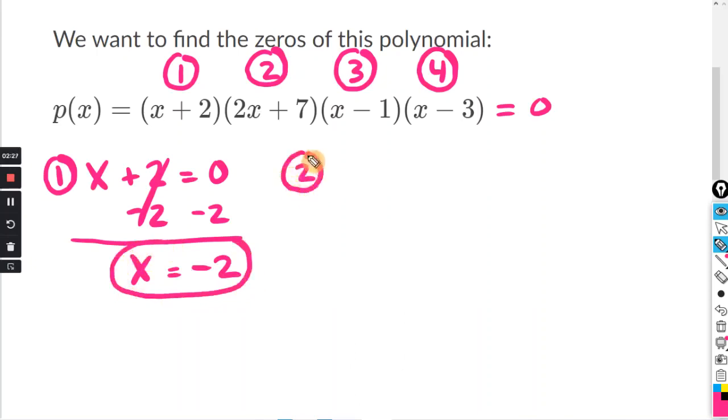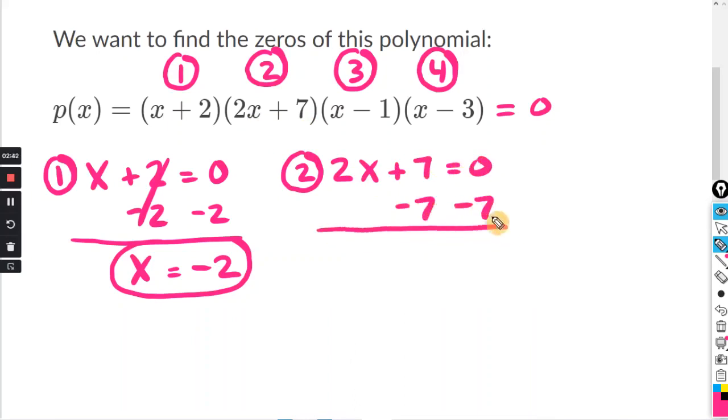For part 2, 2x plus 7 equals 0. Okay, subtracting 7 from both sides. The 7's cancel. Bring down the 2x. 0 minus 7 is negative 7.